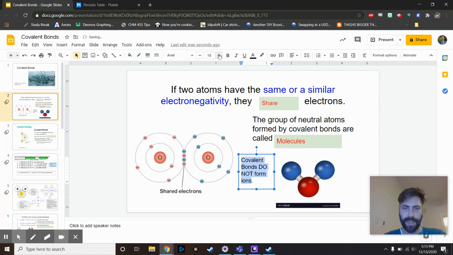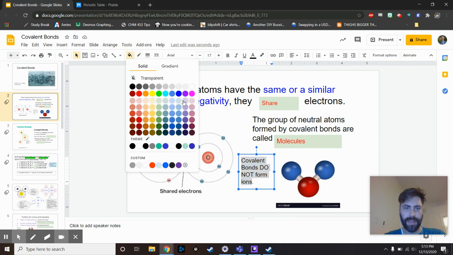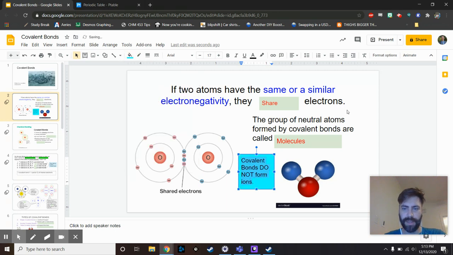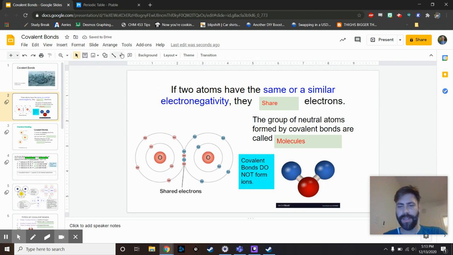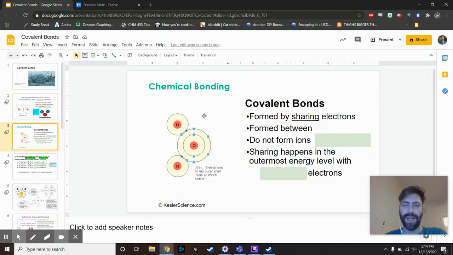Let me make that a little bigger. What if we just insert some color in there? How about this? All right. Covalent bonds do not form ions. Sorry if that hurt your eyes. Okay. So a covalent bond is a type of chemical bond.